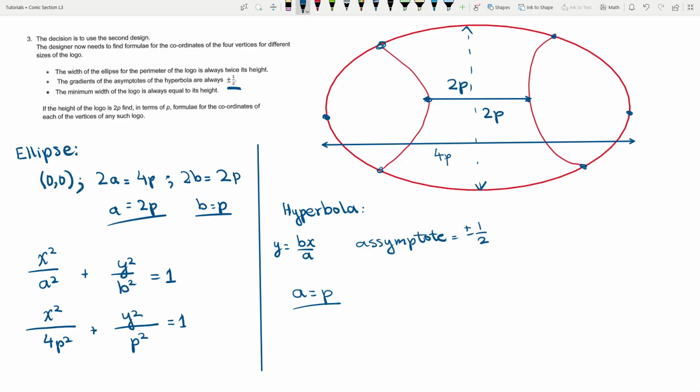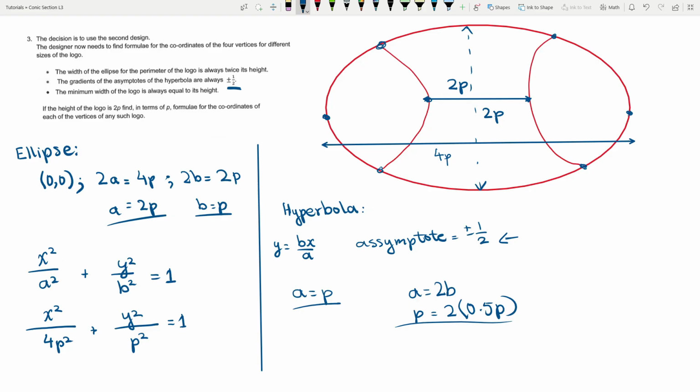So since A is twice of B, right? Therefore A equals to B, sorry. And therefore this should be 0.5 p to make this even, right?